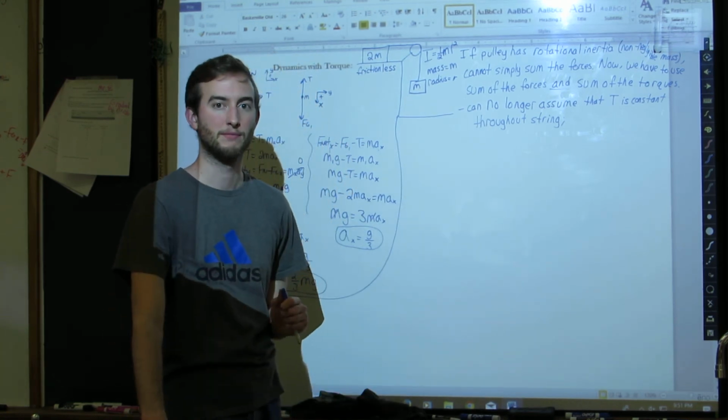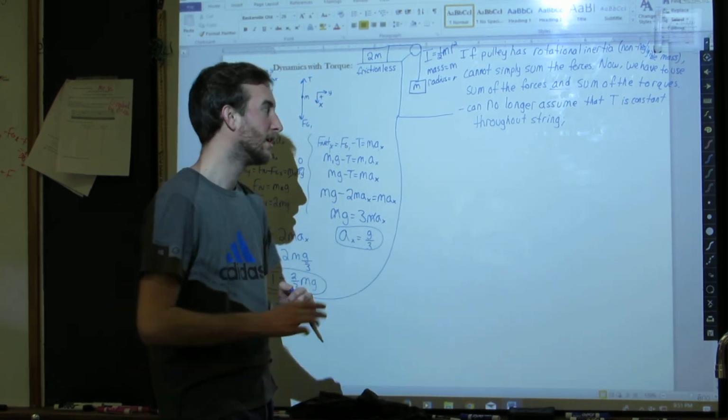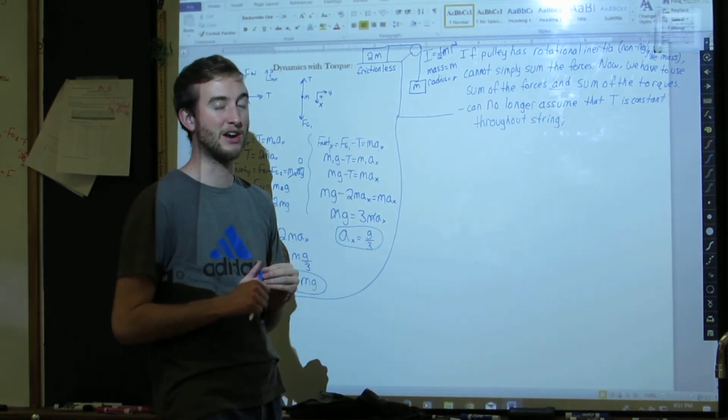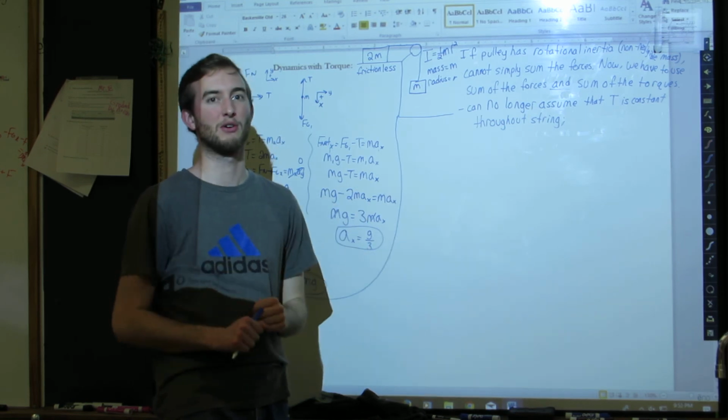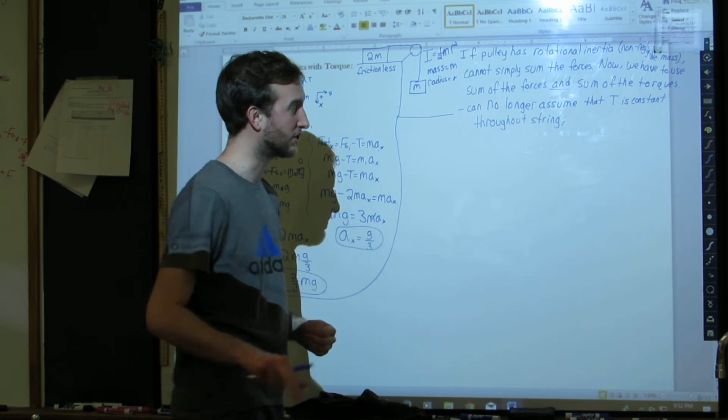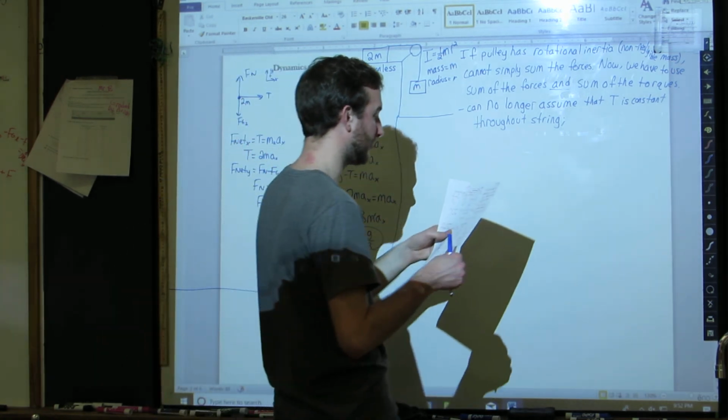Nothing would happen. There would be no rotation. But if the pulley rotates, that means the tension on one side has to be greater than the other because one of the torques is now greater than the other. So, we no longer get to assume that the tension is the same throughout the string.